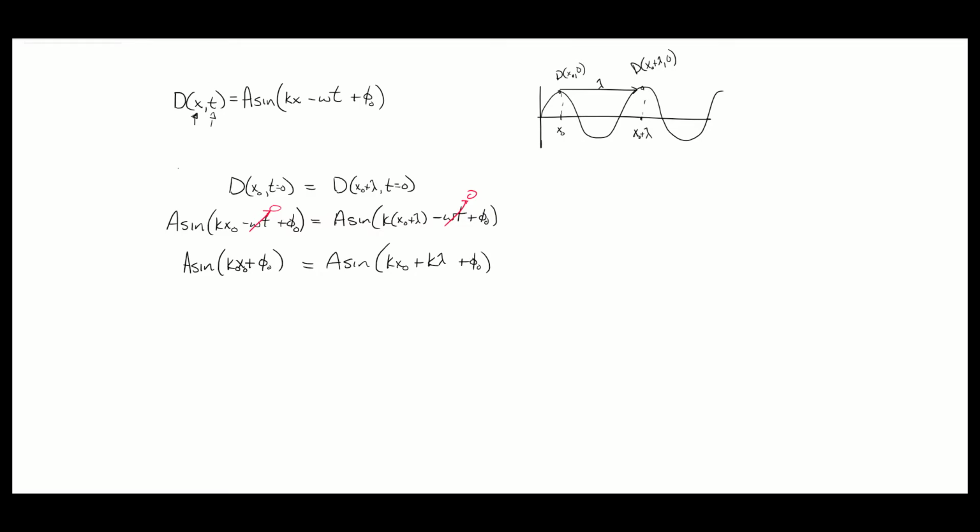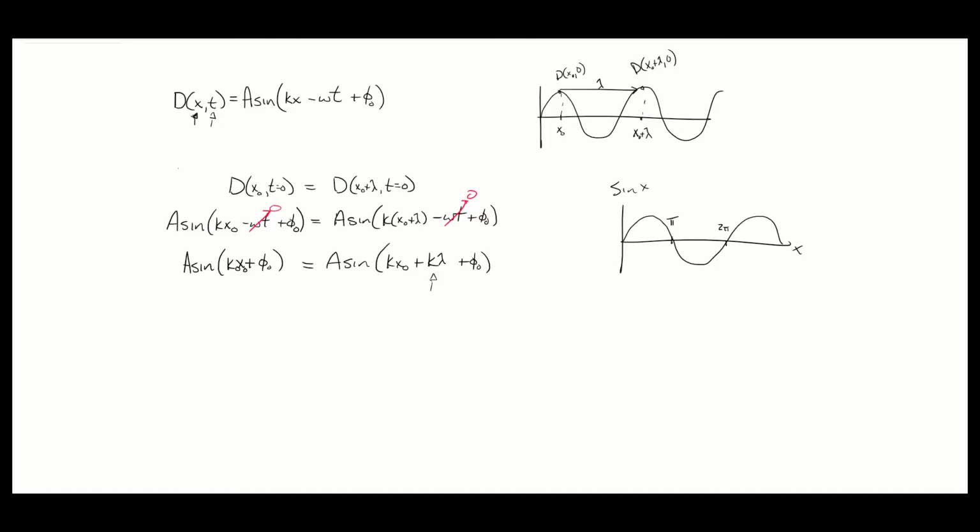And if we're familiar with sine functions, we know that if I take a sine function and shift it by some amount, the only way that can be equal to the same value is, if we plot sine of x as a function of x, this is pi radians, this is 2 pi radians. We know this is periodic in 2 pi, right? It's going to repeat itself.